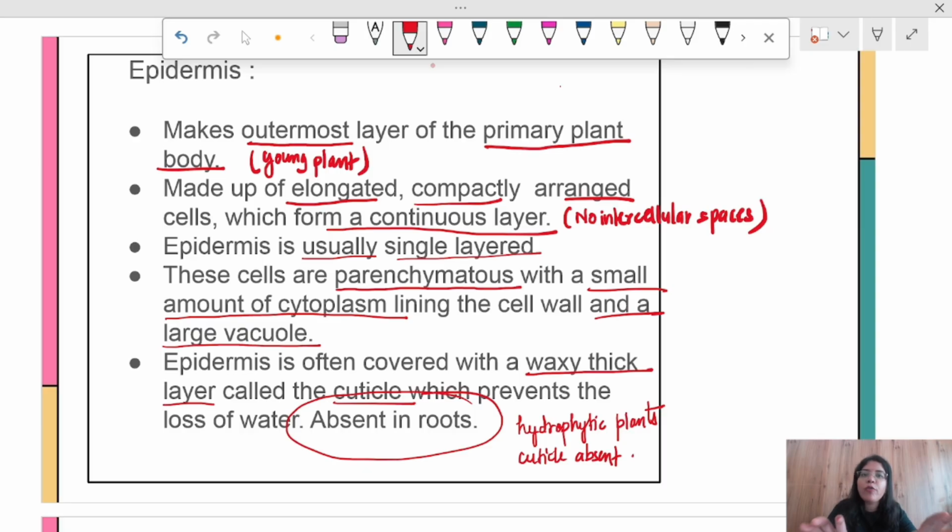They don't have any kind of water stress. They are not having any problem of desiccation. They have enough water. They can absorb water by their roots all the time, right? So they also do not require any kind of cuticle. Most of the hydrophytic plants, they don't have cuticle. So roots don't have cuticle, hydrophytic plants do not have cuticle. Okay, the rest of the aerial parts of the plant are covered by a waxy covering called cuticle.